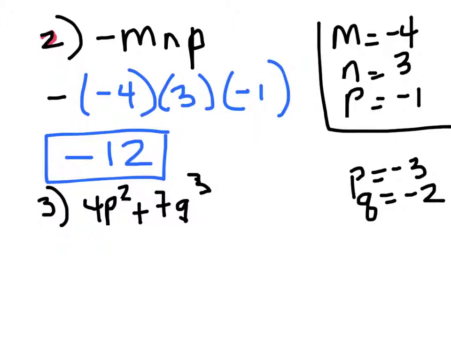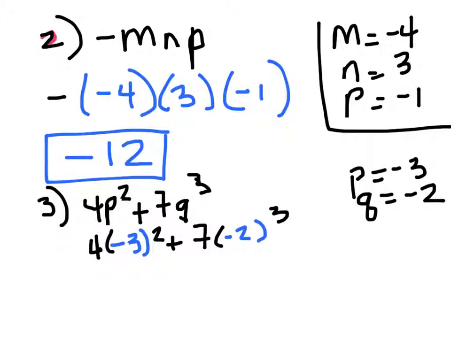So let me substitute. I have a 4 multiplying minus 3, and I have a 7 times q, which is a minus 2 to the third power. PEMDAS says that I must first raise up my power, my 3 to the second power.